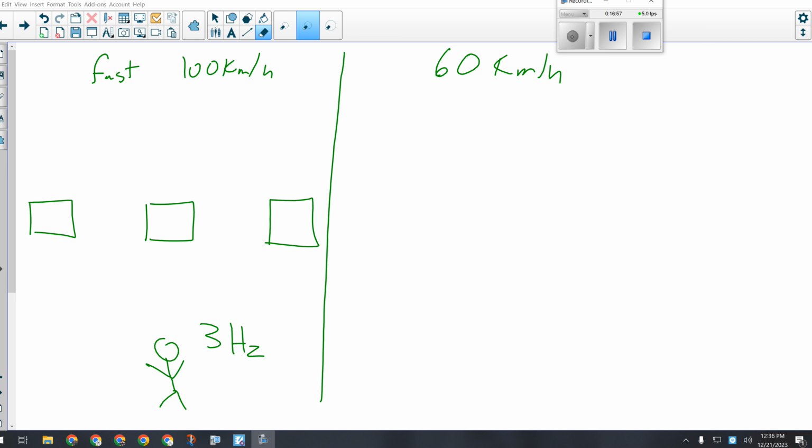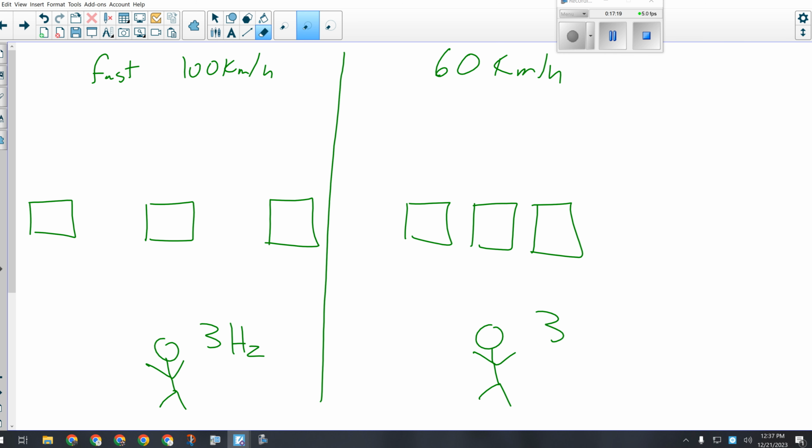So a little while later, if another person is sitting here and observing how many cars go by per second, they're going to see this. Those same 3 cars are now traveling at 60 kilometers an hour, slower, but they're closer together. But the frequency of cars that go by this person is still 3 hertz.